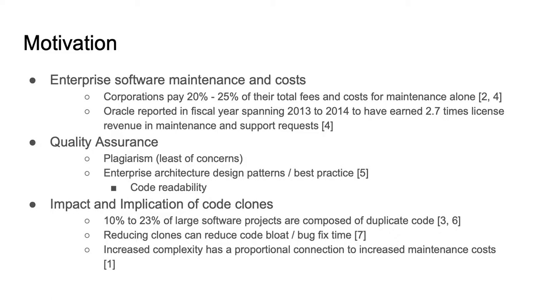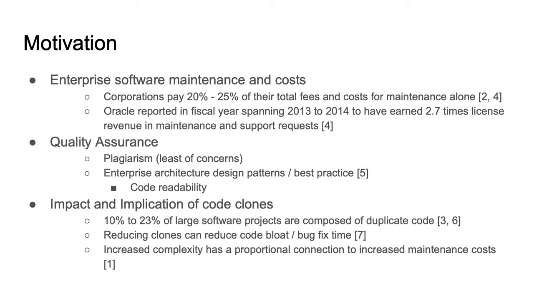The impact of good code is significant, because when the code is not structured well, there are very often duplicates of code, which we describe as code clones, and it is estimated that it is from 10% to 23%.